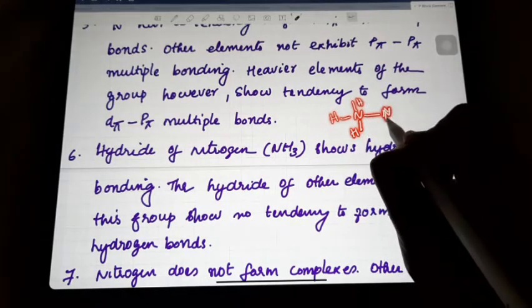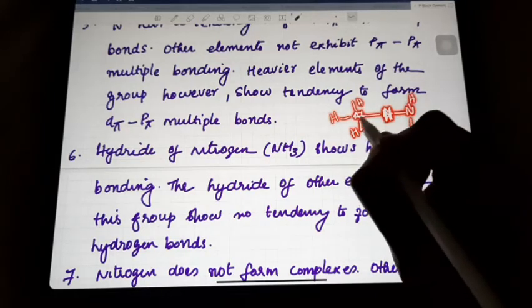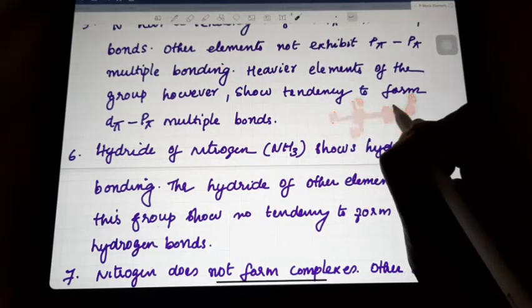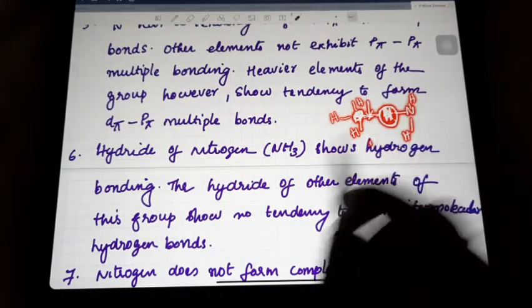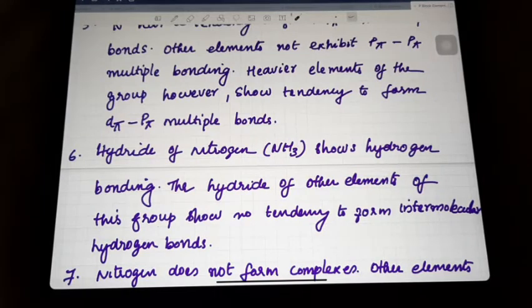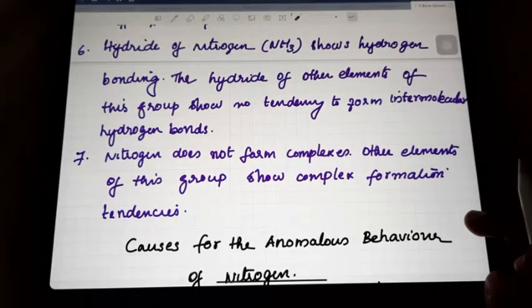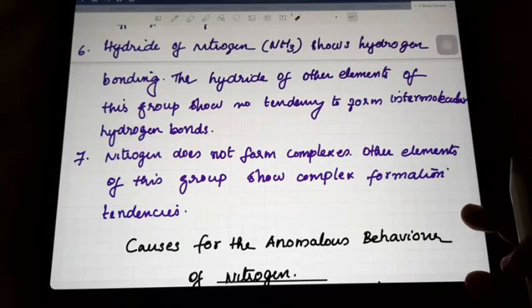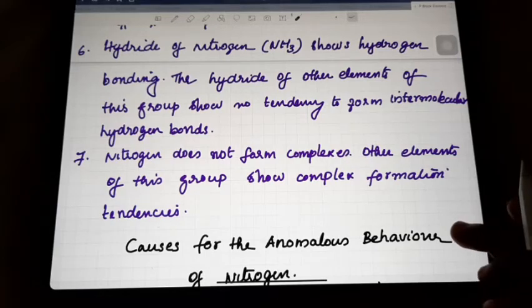NH, then another NH. So this more electronegative nitrogen and the hydrogen of the other ammonia molecule, between them there is a chance of hydrogen bonding. So this hydrogen bonding facility is there in nitrogen's hydride, but hydrides of the other elements do not have intermolecular hydrogen bonding. The next one: nitrogen does not form complexes, but for other members of this group there is a chance of complex formation.